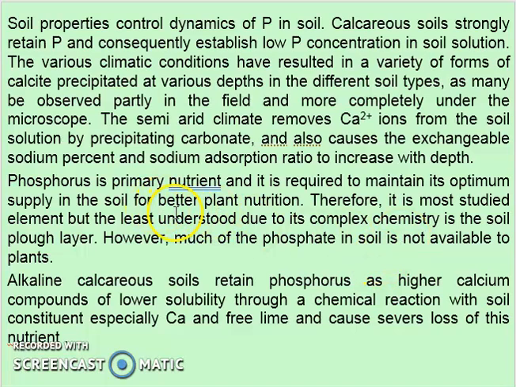Phosphorus is a primary nutrient and it is required to maintain the optimum supply for plant growth. In this type of soil, due to alkaline conditions, the phosphorus combines with calcium to produce calcium phosphate, which precipitates and has a low solubility.